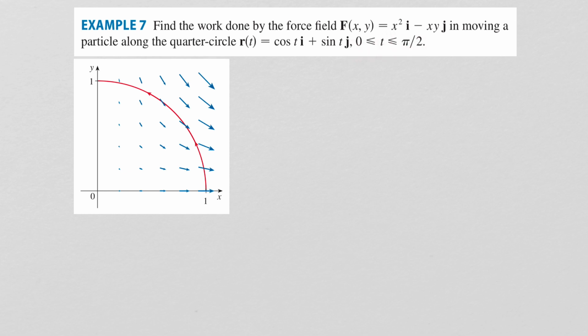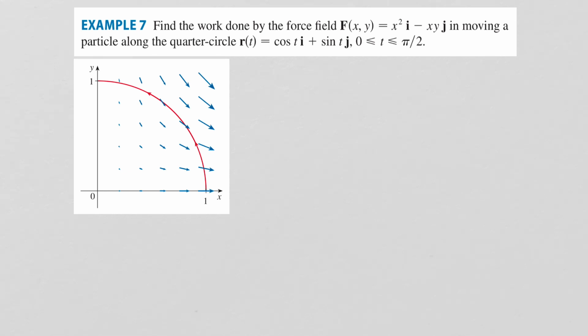So what we're doing is we're moving a particle along this quarter circle, starting here, moving up to here, and all the while we have this force field acting upon that object in the directions that you can see here. So as we're moving along here, we have this force kind of acting against that point, and we want to know how much work would be done traveling from one to the other.